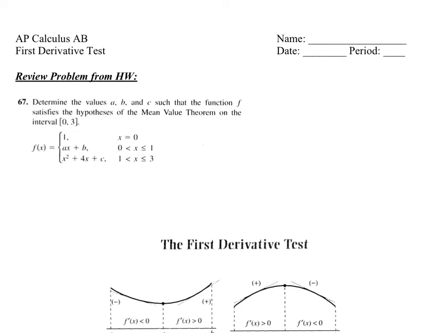That's differentiable and continuous. Okay, so it has to be continuous on the closed interval from 0 to 3, and it has to be differentiable on the open interval from 0 to 3.